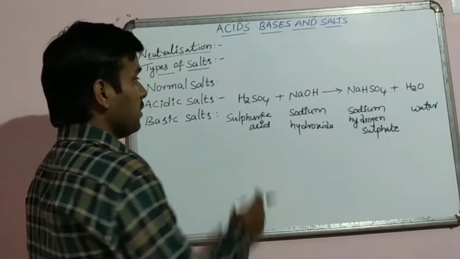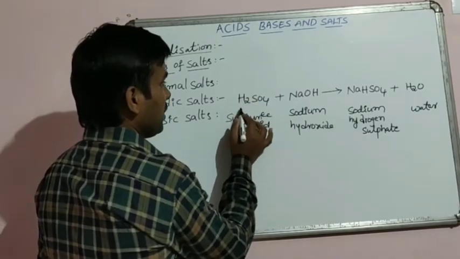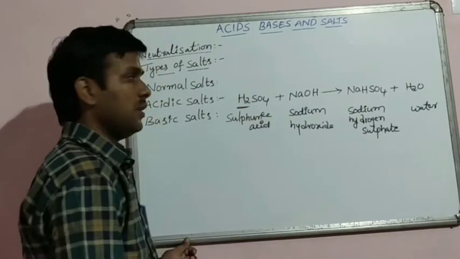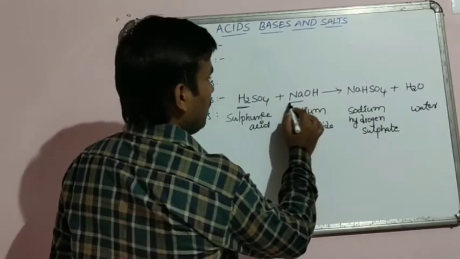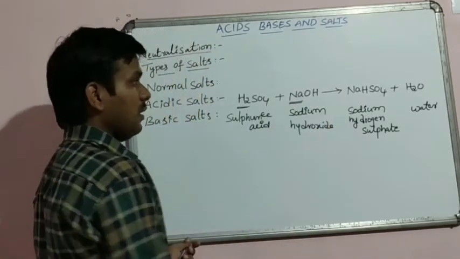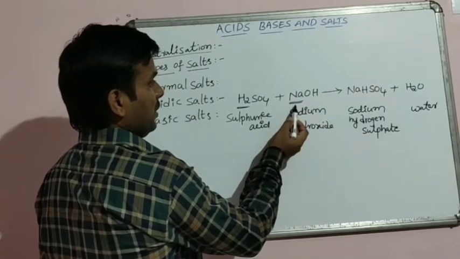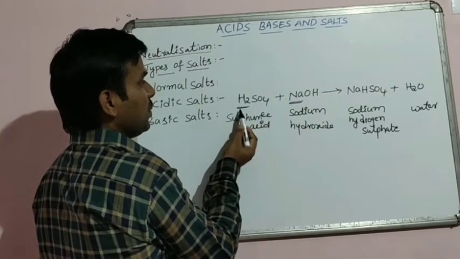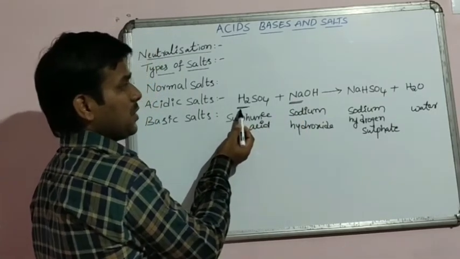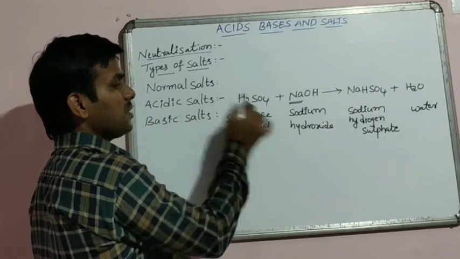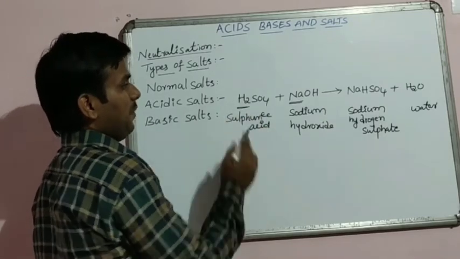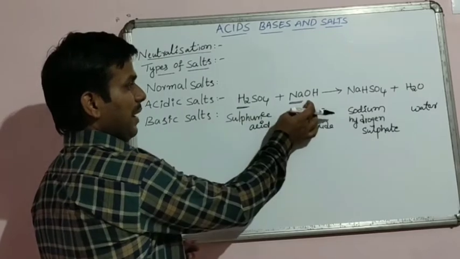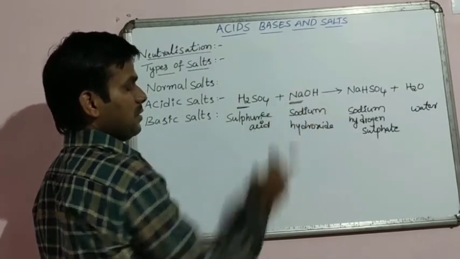Listen, here how many hydrogen ions are there? Two hydrogen ions are there. Here one metal ion is there, and this one metal ion replaces only one hydrogen ion. That's why this is partial neutralization of an acid by a metal ion of a base.